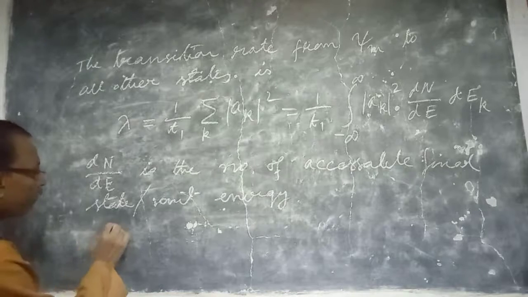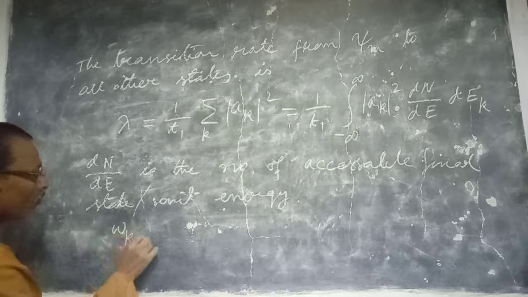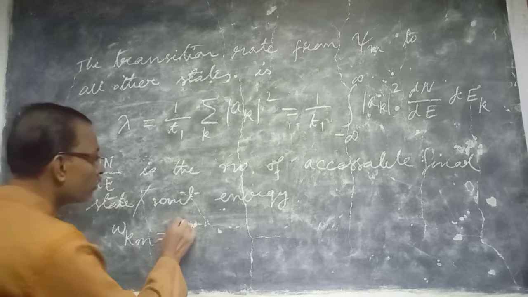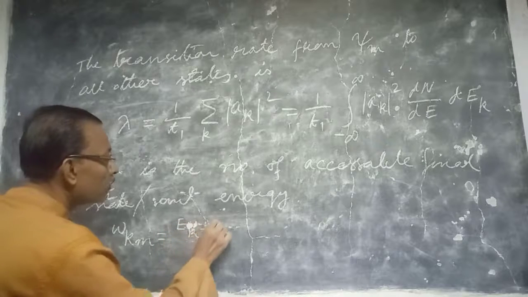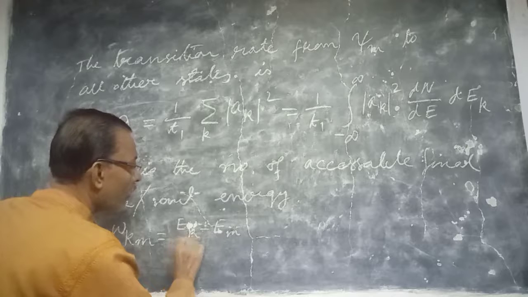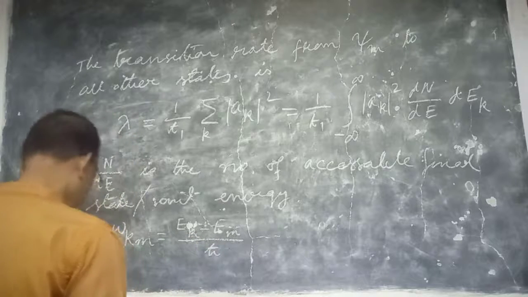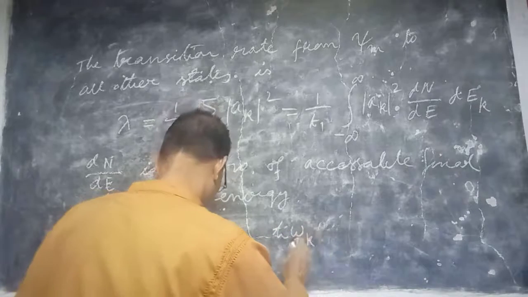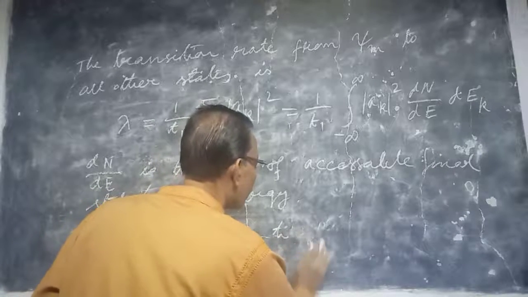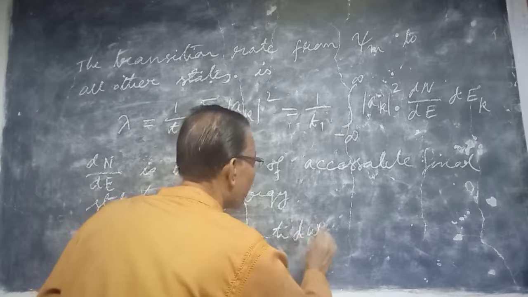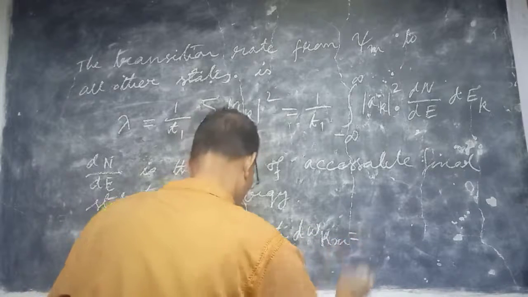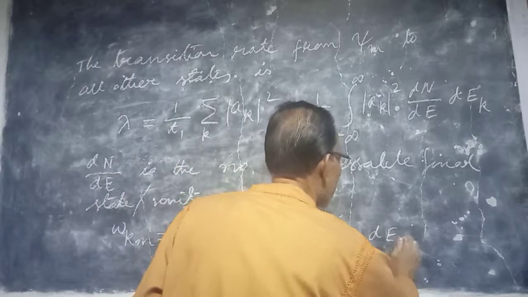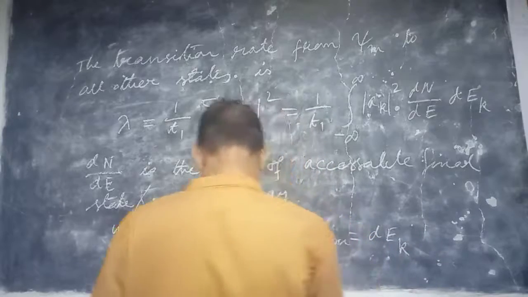Now omega km, we know that Ek minus Em by h cross. So h cross omega km is equal to Ek, and h cross d omega km is equal to dEk.